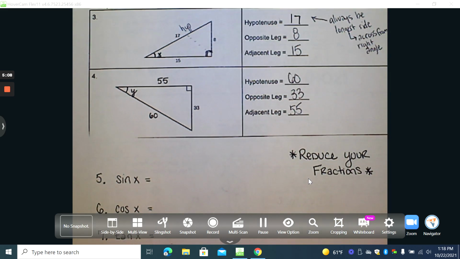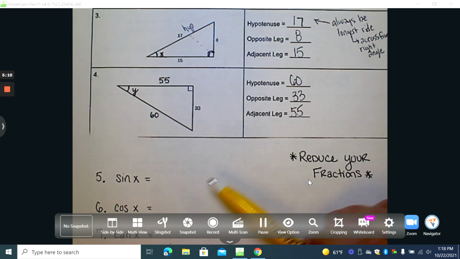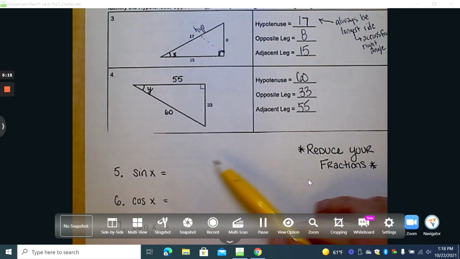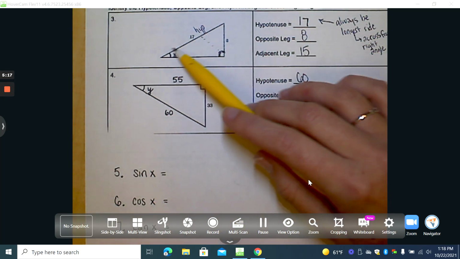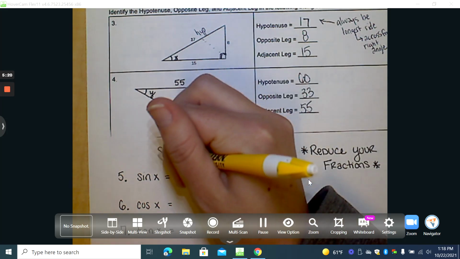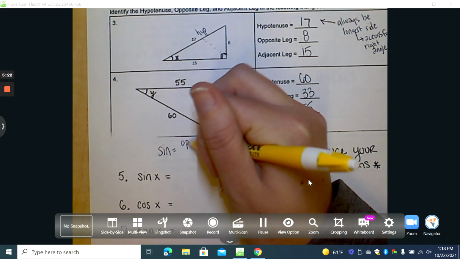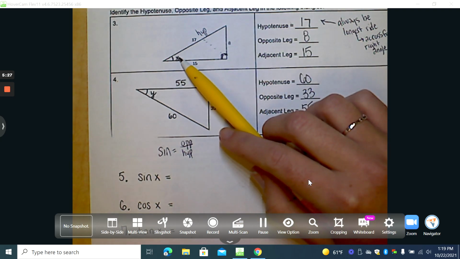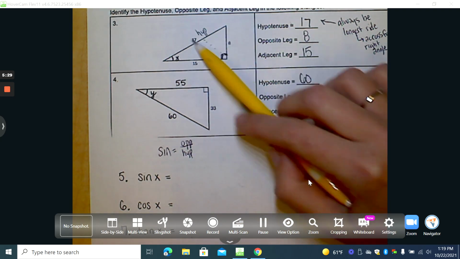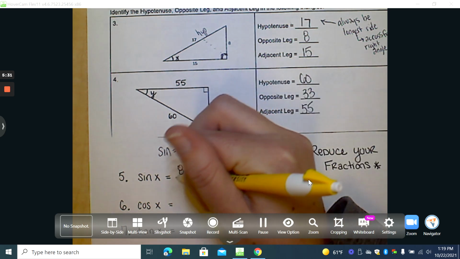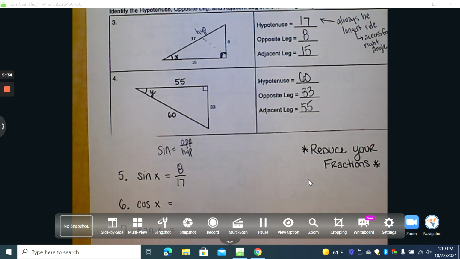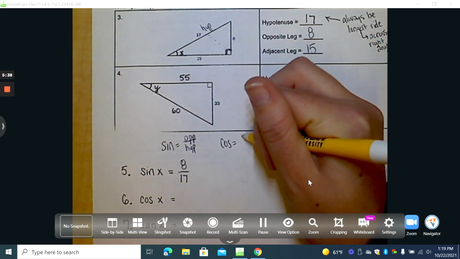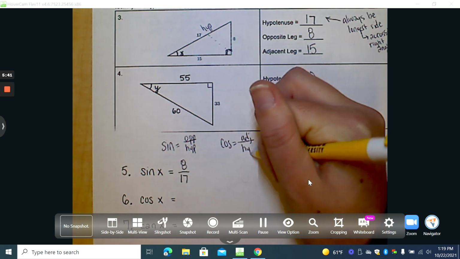And so I'm going to make some fractions, some ratios based off of sine, cosine, and tangent of these ones. So sine of x, if I go up here to x, sine is my opposite over my hypotenuse. So my x is here, opposite is 8, hypotenuse is 17. So my fraction is 8 over 17. Cosine is my adjacent over my hypotenuse.